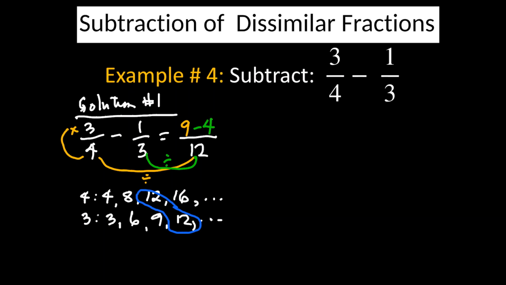So minus 4. 9 minus 4 is equal to 5 over 12. So I think that is in simplest form already. So this is our answer.